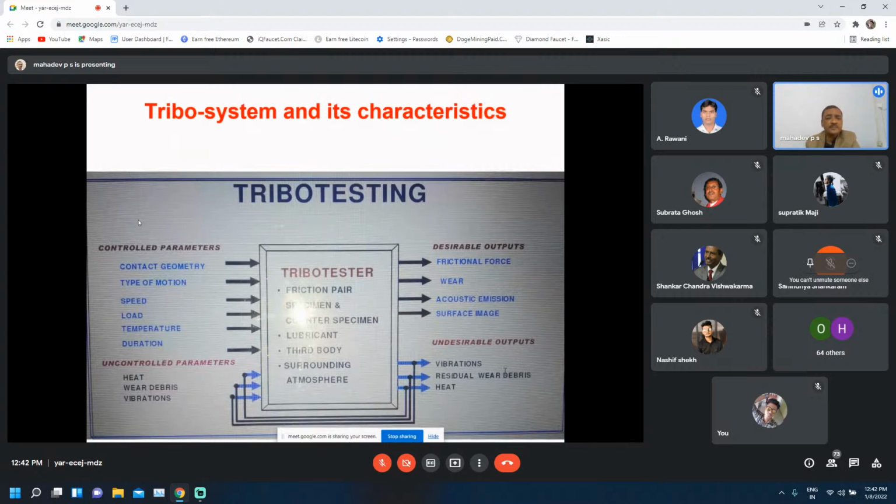And the uncontrolled parameters are heat, which is generated between the two surfaces of the sample and the counterface, the wear debris developed during the test, and the vibration produced because of the test. So these are the undesirable outputs of tribo testing: the vibrations, the residual wear debris, and the heat. Fine.